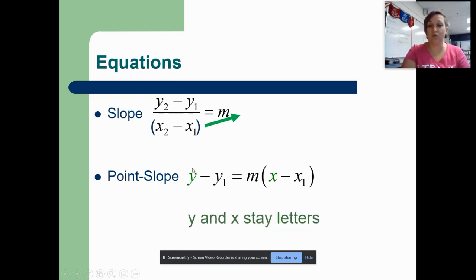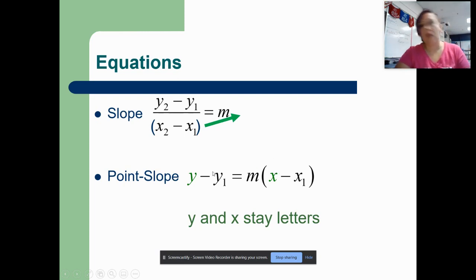So the first thing will be a letter y, the second thing will be a letter x. We are going to replace the m with the slope, and then the y1 and the x1 are going to come from a point. That's why it's called point-slope form, because it has a slope and it has a point.